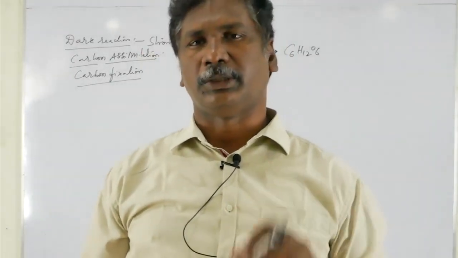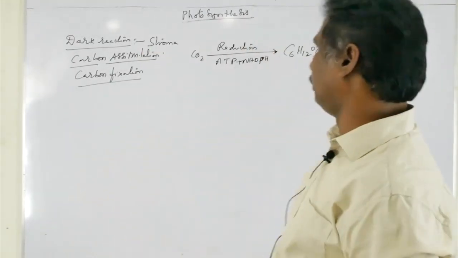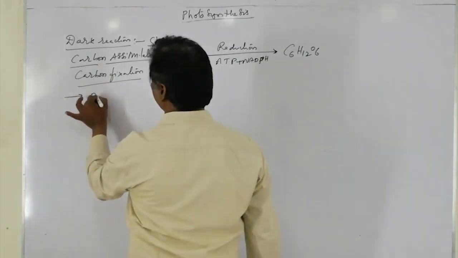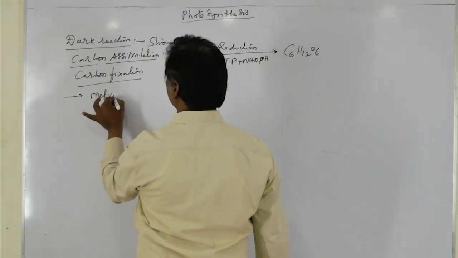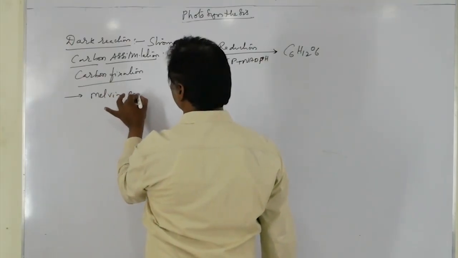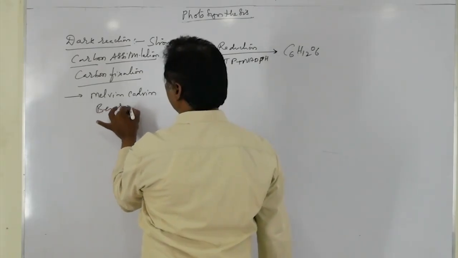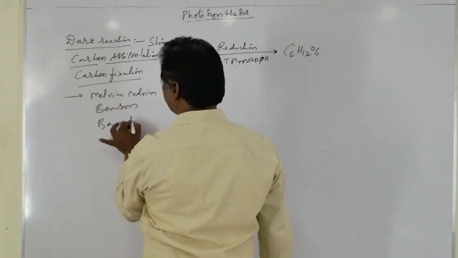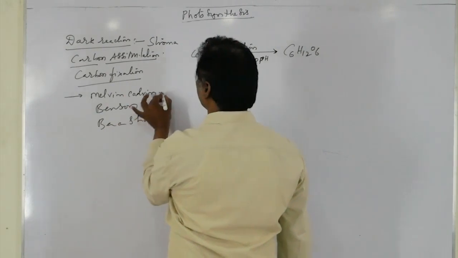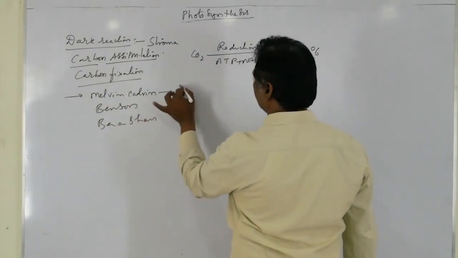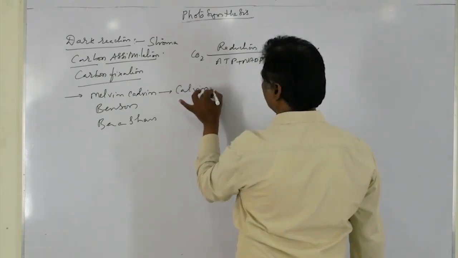The ATP and NADPH, the assimilatory power synthesized during the light reaction, is utilized in the dark reaction. The dark reaction was first identified by three scientists, Melvin Calvin, Benson and Bassham, but in honor of Calvin, this cycle is called the Calvin cycle.